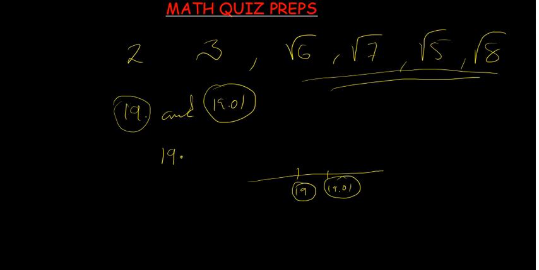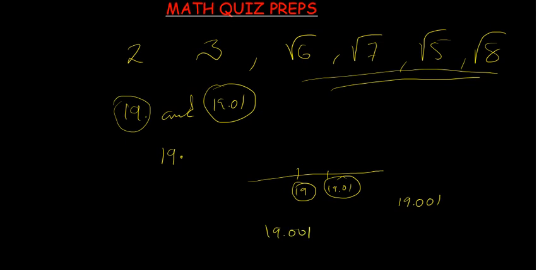Just give me one example of a number which is bigger than 19 but smaller than 19.01. 19.001, right? So you can have 19.001.